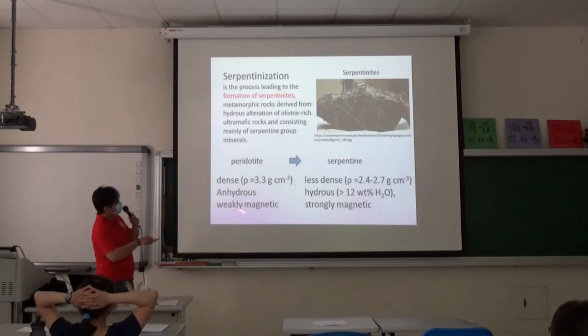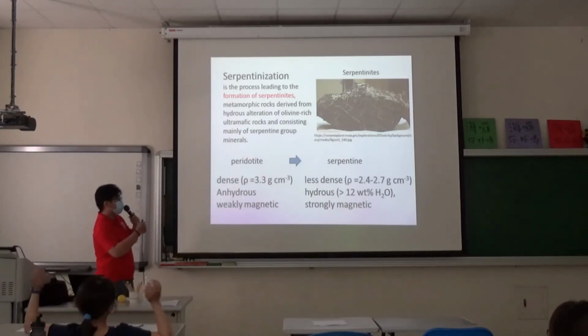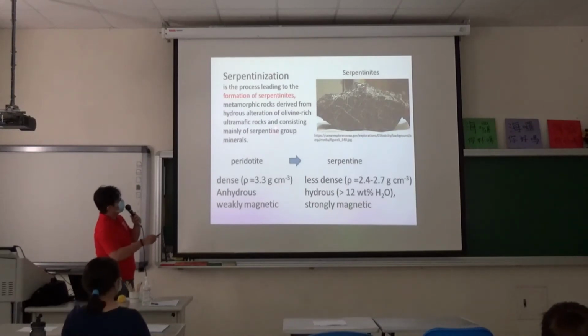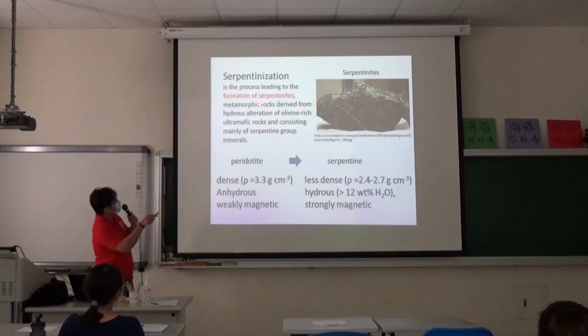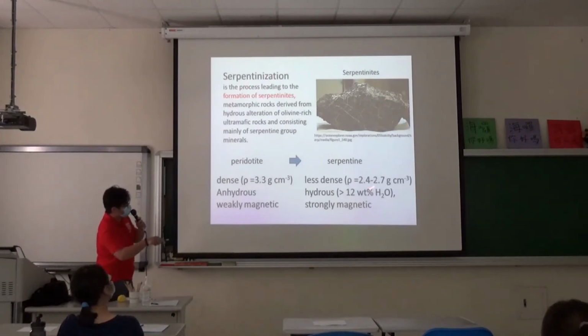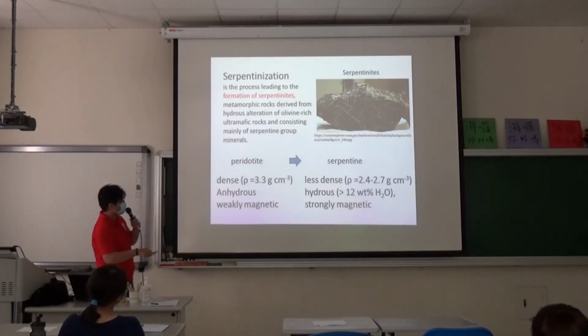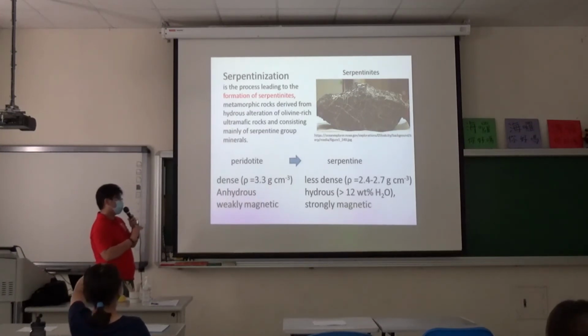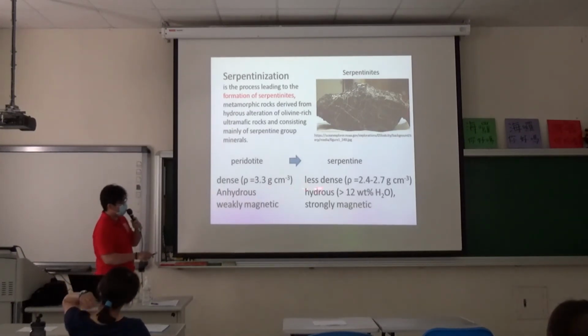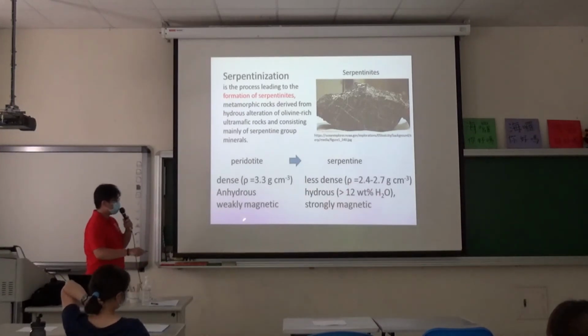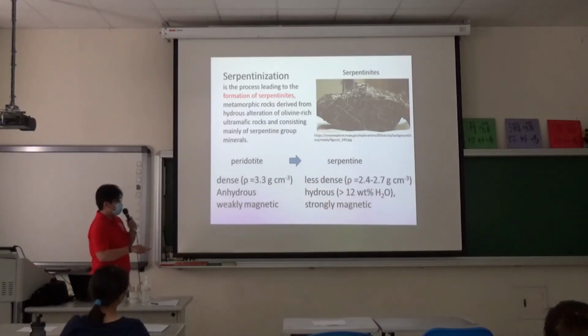This is the original main mineral of the mantle, and it goes through this alteration and becomes this. So the density will decrease, it becomes more hydrous, meaning it has more water, and goes from weakly magnetic to strongly magnetic.